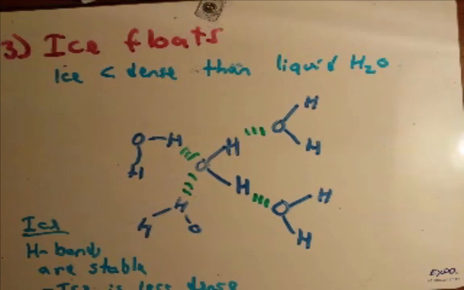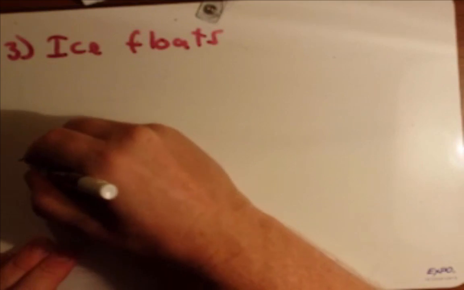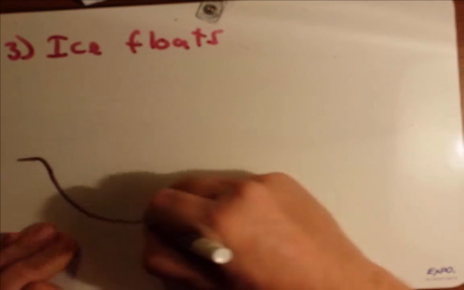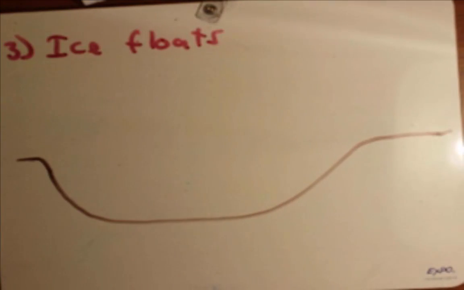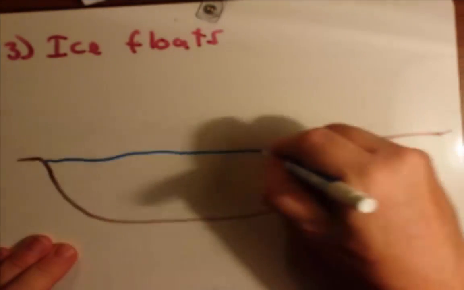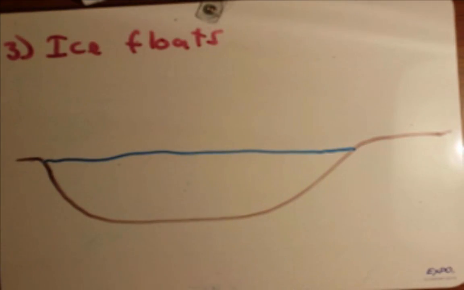Because this is a biology class, it's not a chemistry class. So why is this fundamental chemical property important in sustaining life on Earth? Let's go back to our favorite pond that we talked about, or it could be a big lake, doesn't matter so much. And it's all liquid out here, it's warm temperatures.